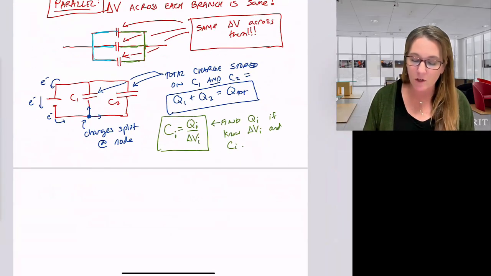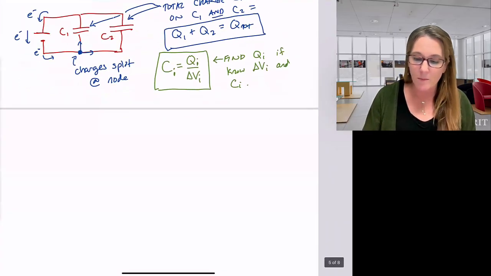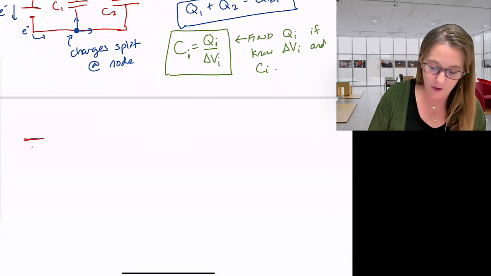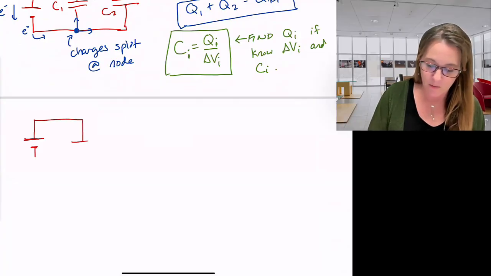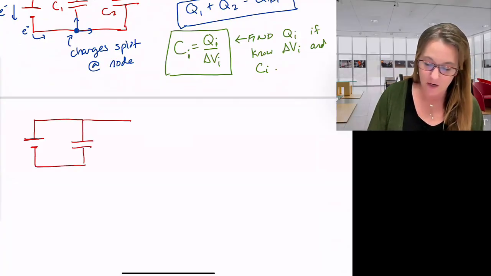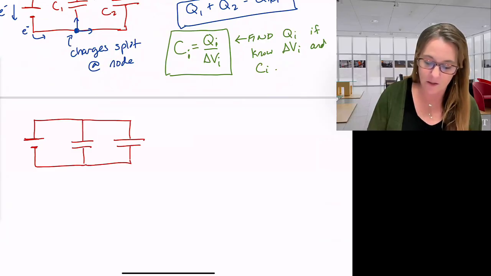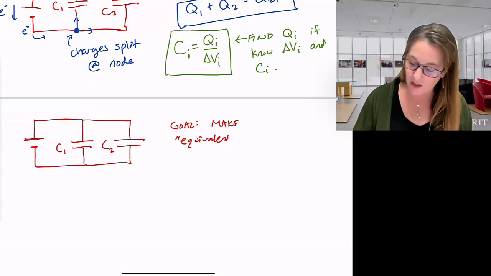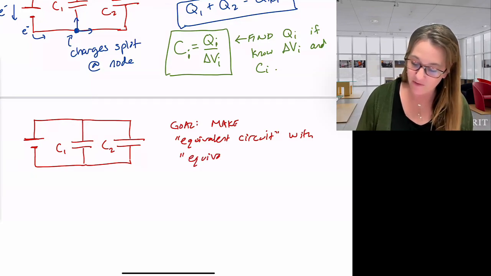And then the last thing that we're going to do before we move on to series is to come up with a goal of trying to talk about an equivalent capacitance of this situation. So let's say again, redrawing my 2 capacitors in parallel, C1 and C2. Now I'm going to come up with a goal where I want to make a so-called equivalent circuit with some equivalent capacitance.